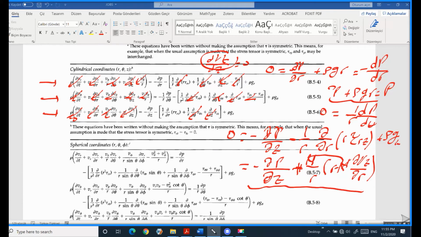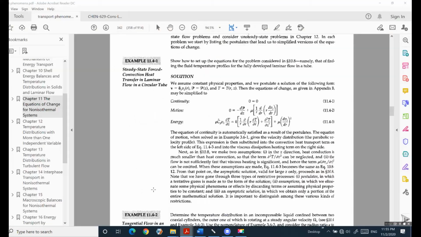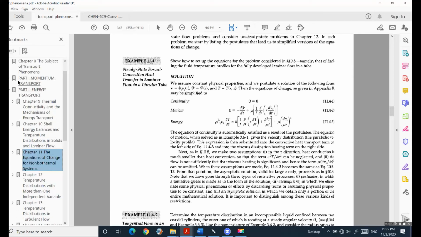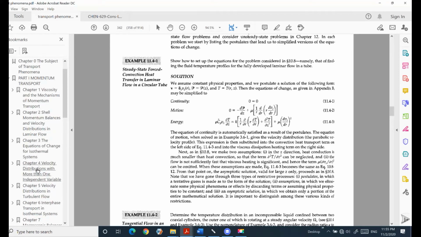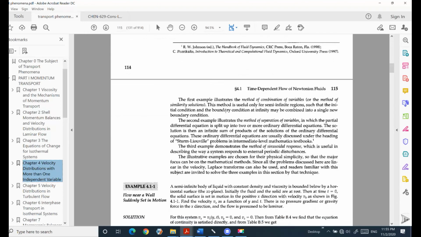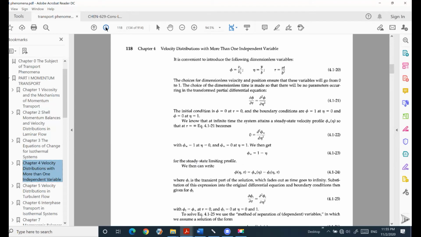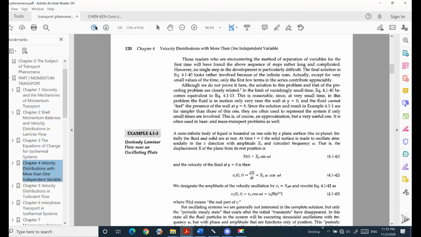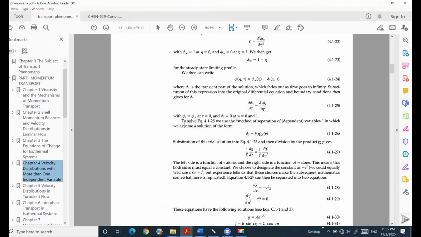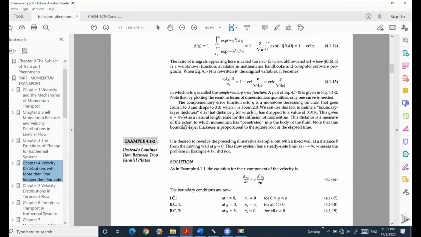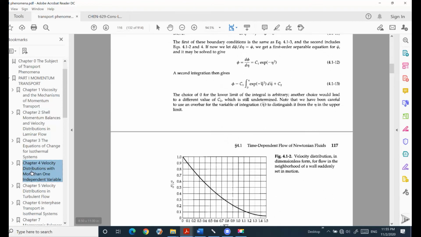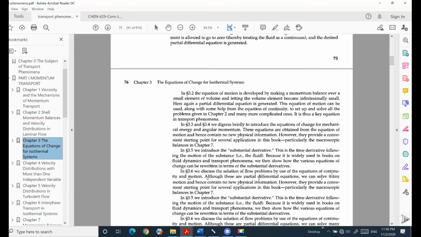Let me show again the solution of this problem in the momentum transport. Sorry, it was chapter 3, not chapter 4.